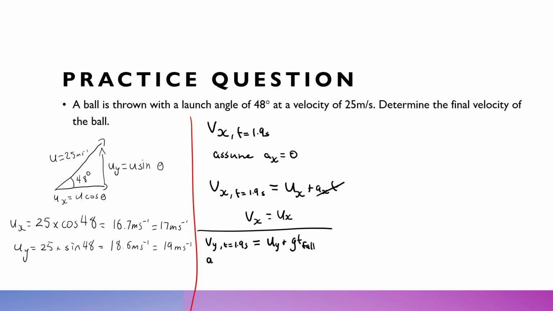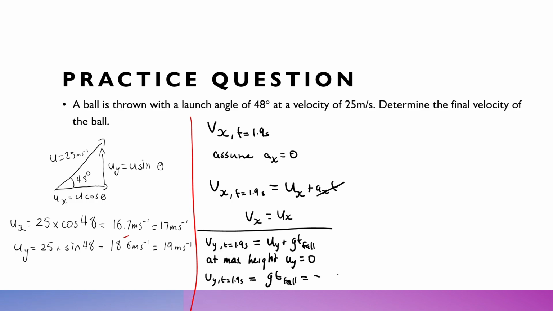We can assume that at max height, uy will be equal to 0 because at maximum height, there is no velocity for the projectile in the vertical direction. And as a result, our final velocity in the y direction at t equals 1.9 seconds is going to be equal to simply gt, or g times the time of fall.